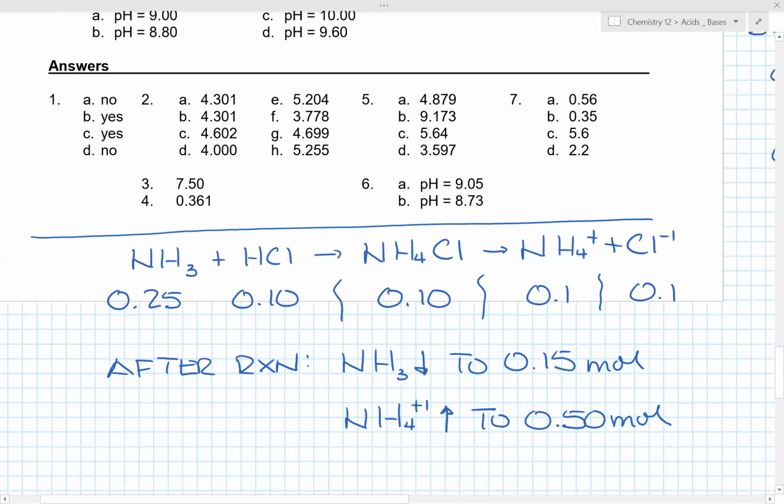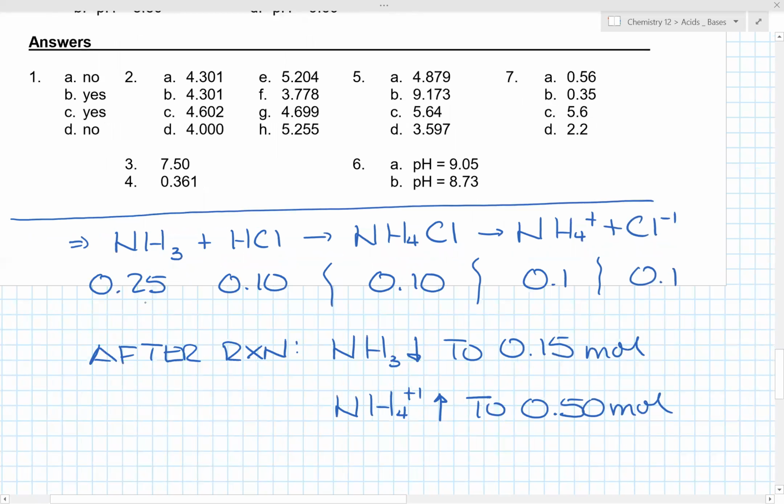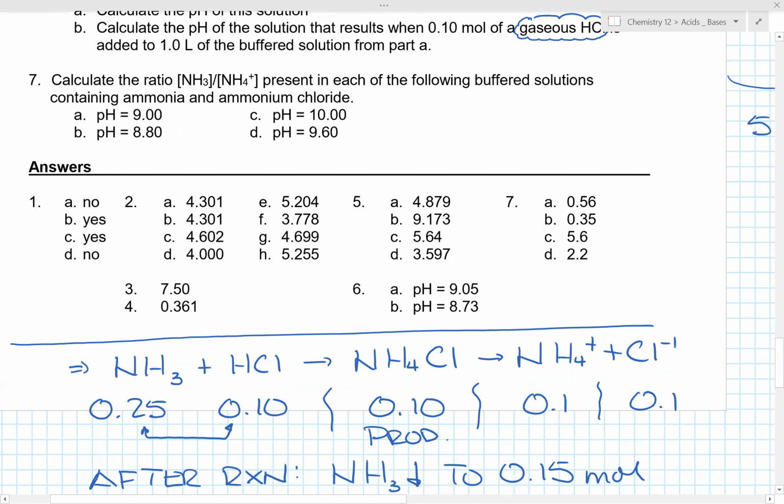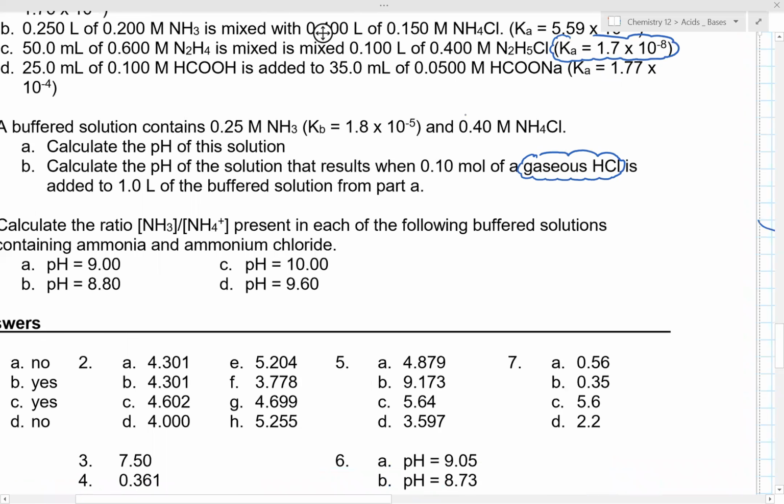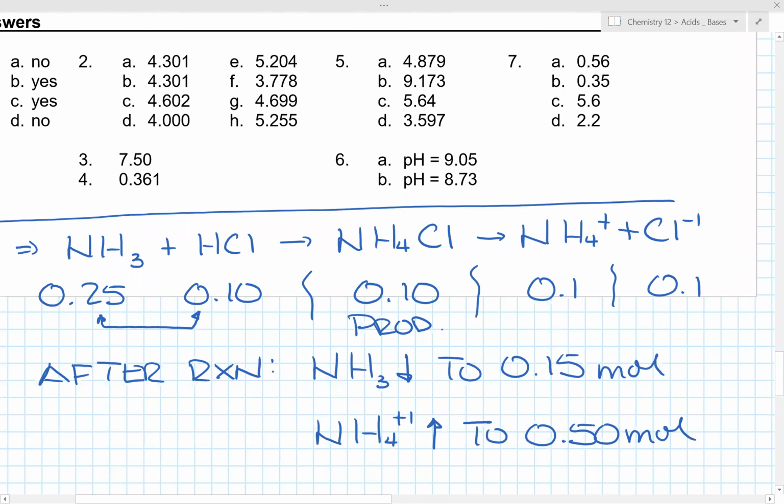Okay, the reason being, again, if we look at the equation right here, the NH3 gets used up to react with all of the HCl. And what happens is 0.1 moles of NH4 is produced. So because 0.1 moles is produced, you are creating more NH4Cl. So it goes up from 0.4 to 0.5.